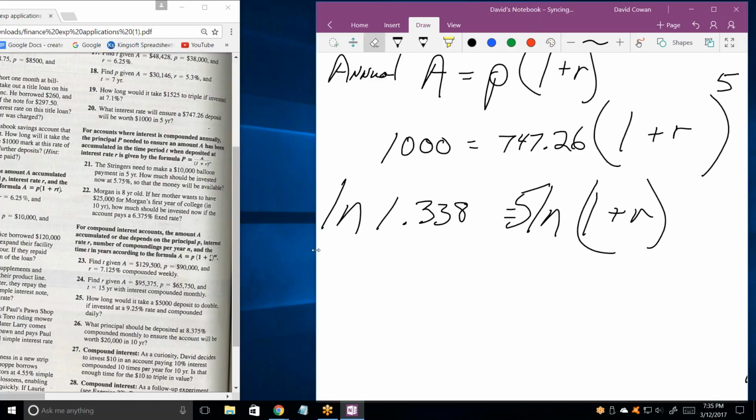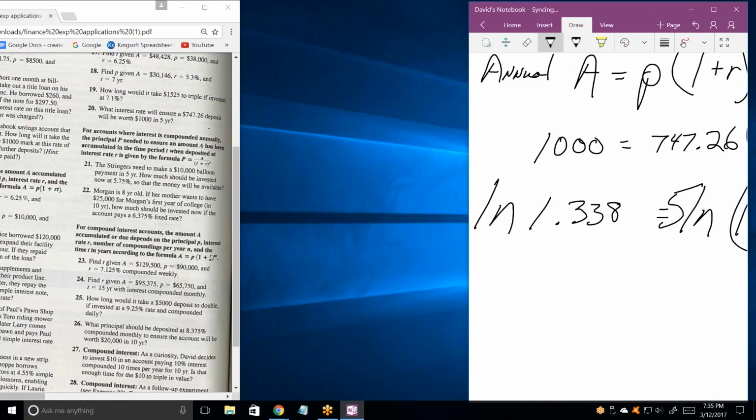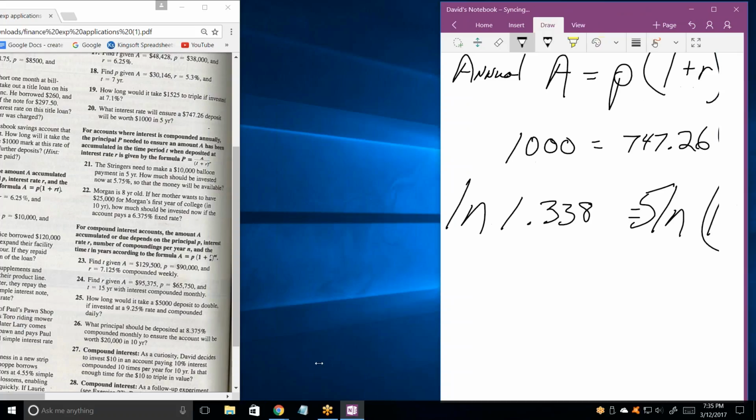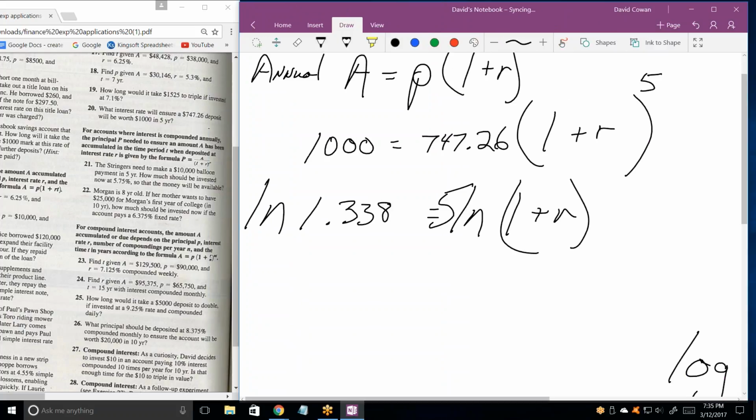I move the 5 over. Oops, sorry. Hold on. I get that divided by 5. Remember, that's just a number. That's what we have to keep in mind, is that that's just a number. So now we have this.